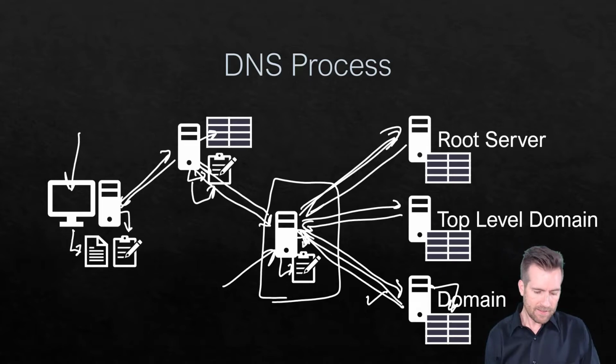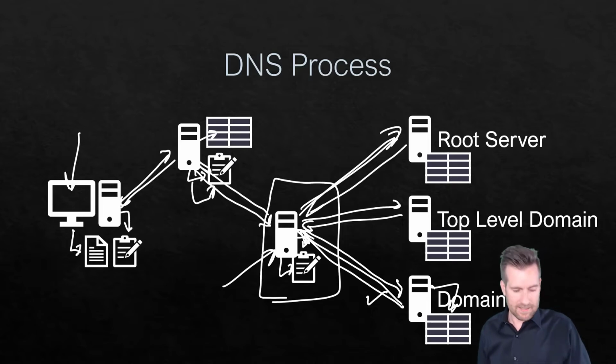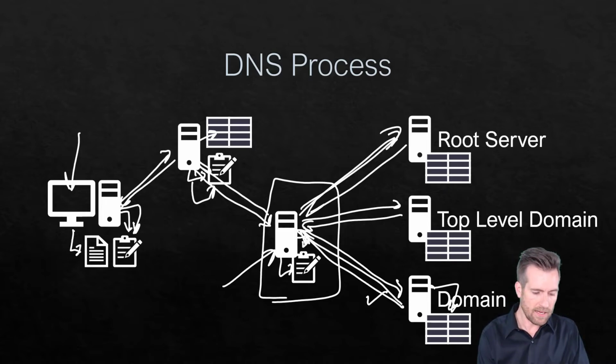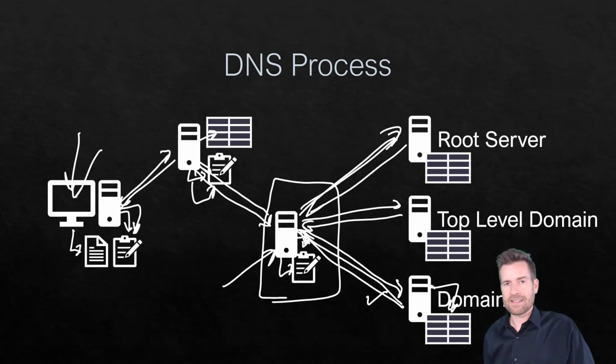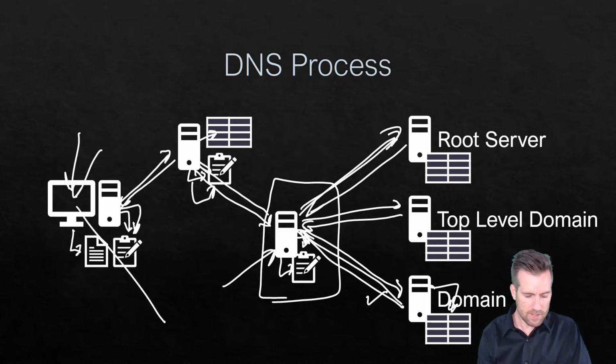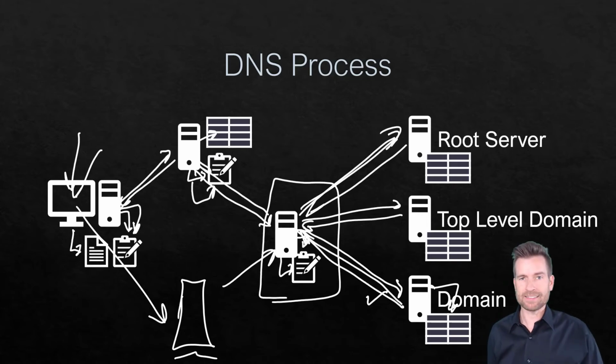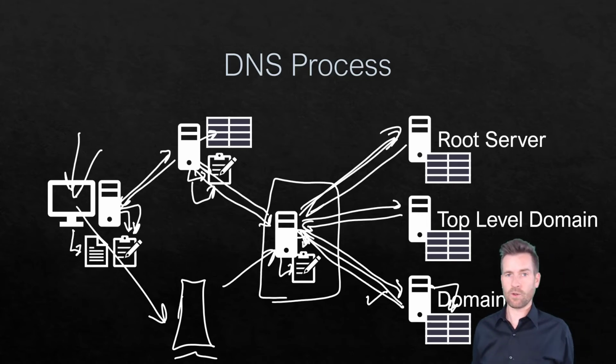Sends it back then to the machine itself, and that machine sticks it in its cache in case it needs to access resources again for that server. And then your machine now has that IP address. It can now reach out to that web server via that IP address and ask for the web pages for www.technosurge.com.